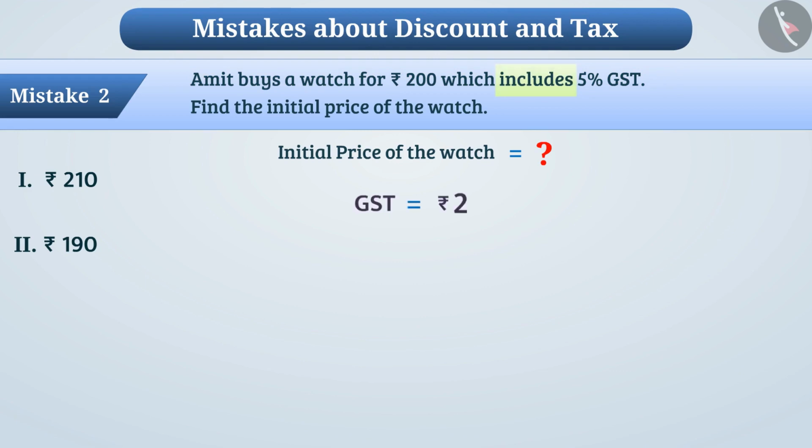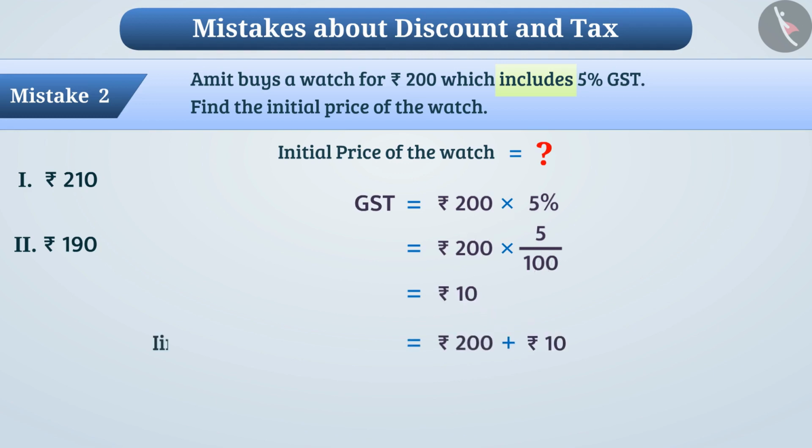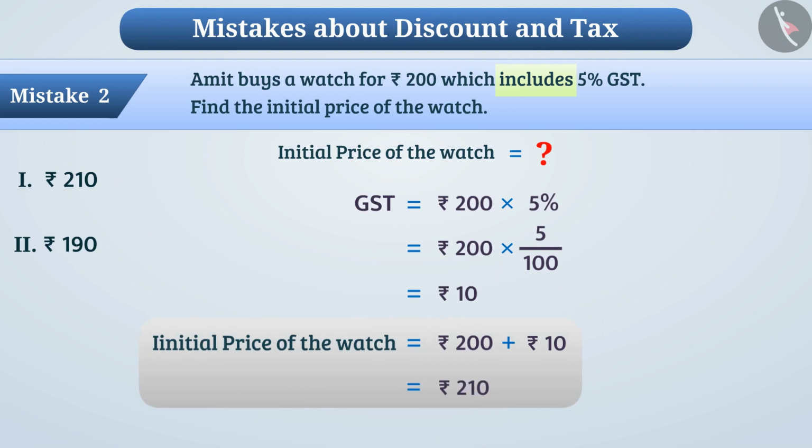They do 200 rupees multiplied by 5%, that is 200 multiplied by 5 by 100 to find the initial price, which gives GST is equal to 10 rupees. They combine it with rupees 200 and get the initial price of the watch as 210 rupees. But this is a wrong answer. That is, option 1 is the wrong answer.